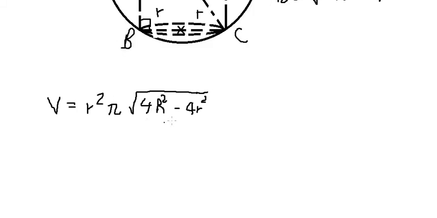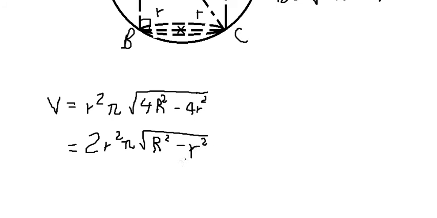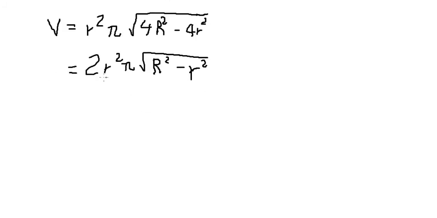Now we have number 4 and number 4. The square root of number 4 is number 2, so we put number 2 in here. Now we need to use first the derivative of the function. So we do first the derivative of r squared, and you got 4r pi with the square root.